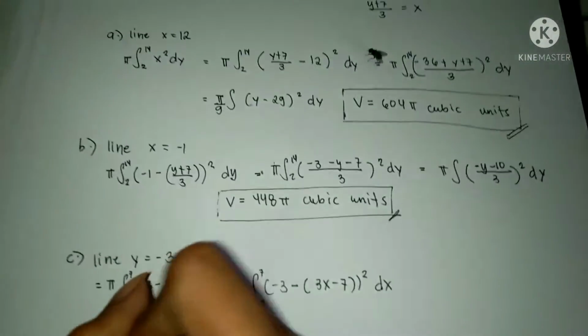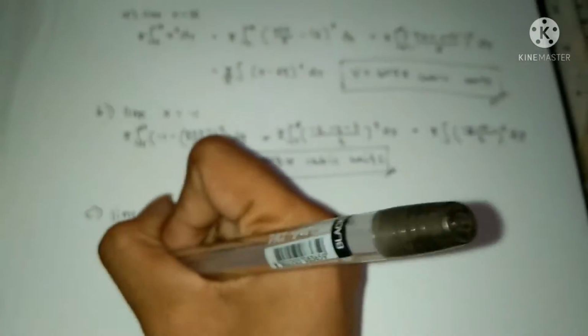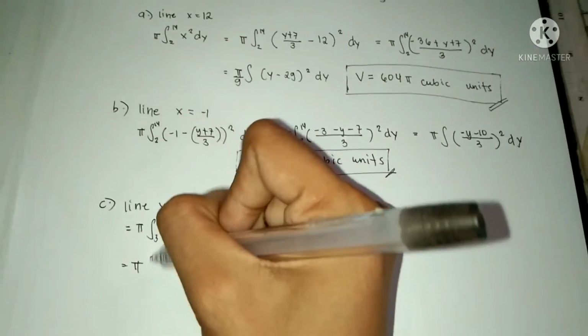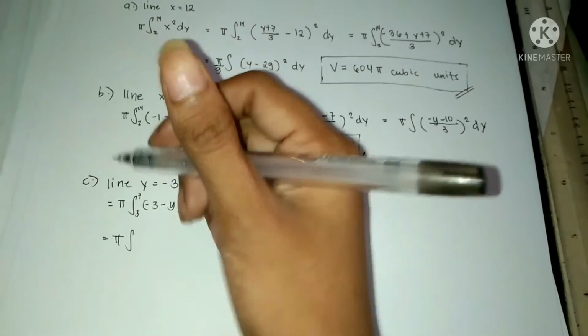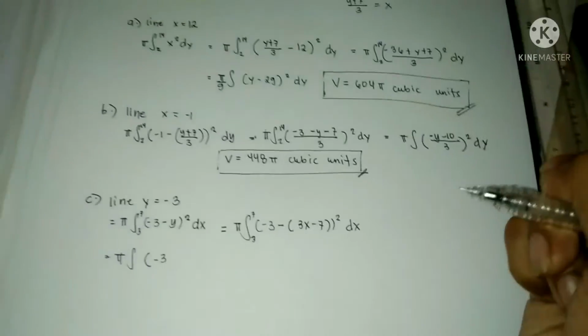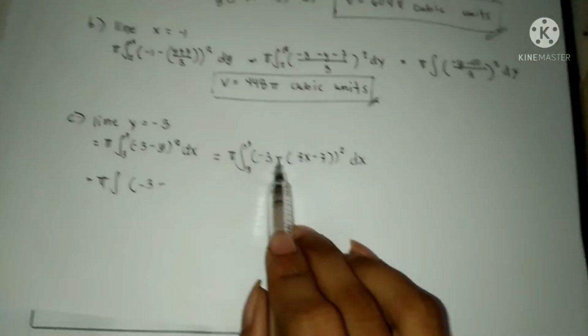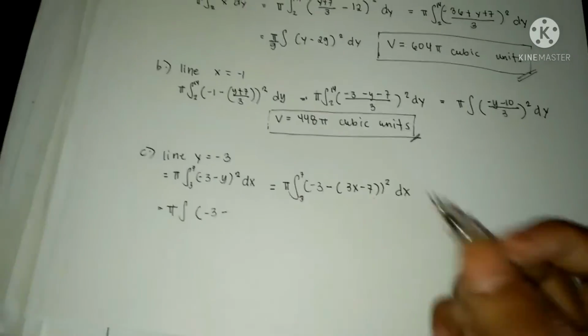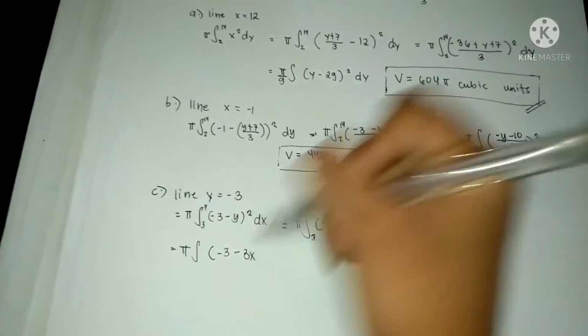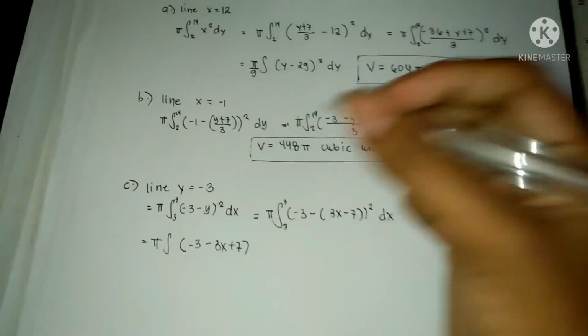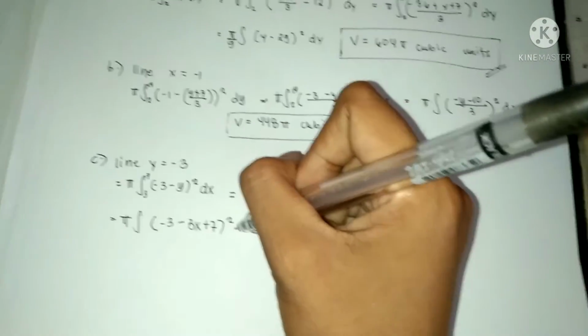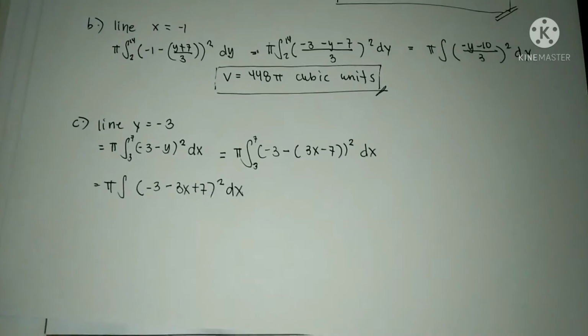Next, distributing the negative, it will become negative 3x plus 7 squared dx.